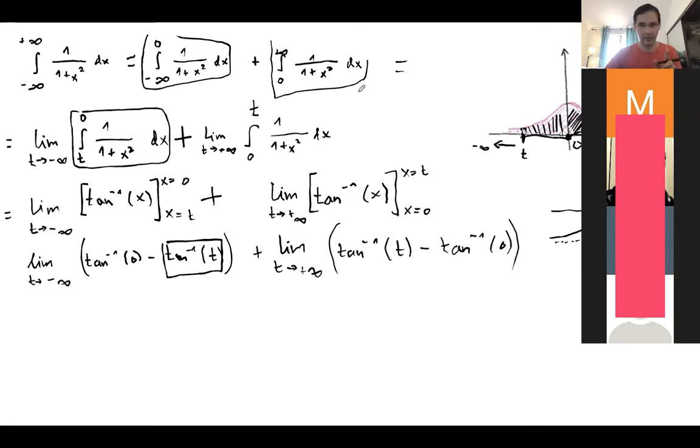Let me just admit those two people. Admitted. Okay, question for you is the following. This is the function tangent inverse at t, and I want to know what's happening with this function when t, the input, goes to negative infinity. So when the input goes to negative infinity, the function itself is approaching what number?